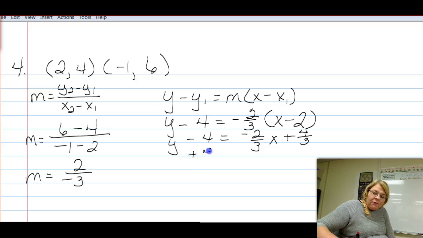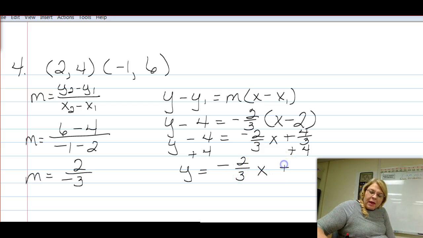I need to add 4 to a positive 4/3. I will put that in my calculator and I get y equal -2/3 x plus 16/3. This is in slope intercept form.